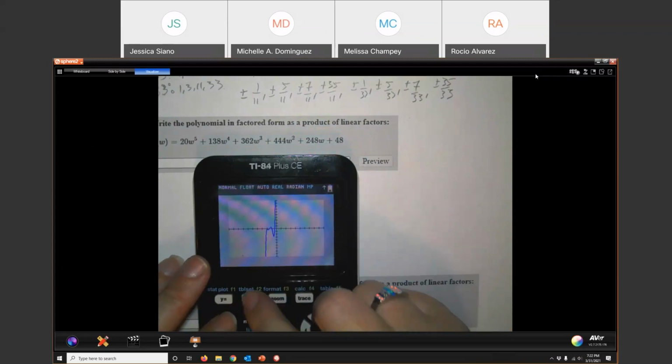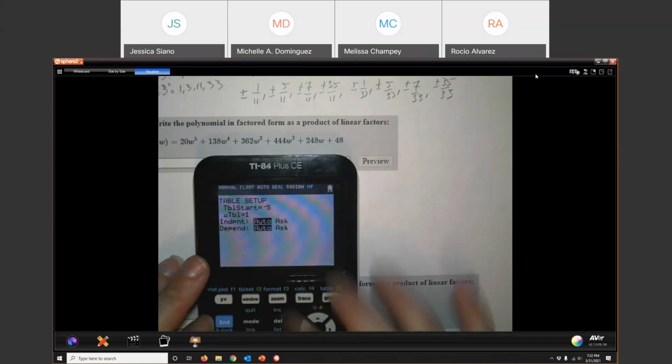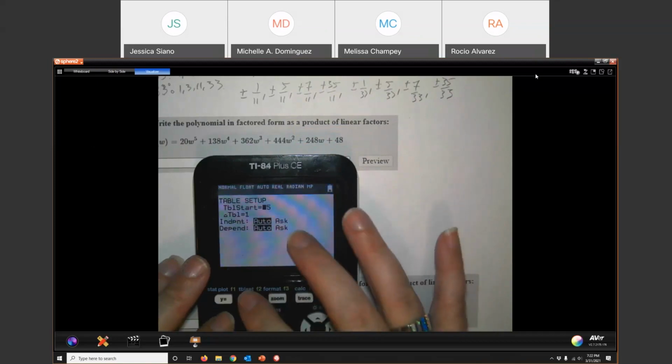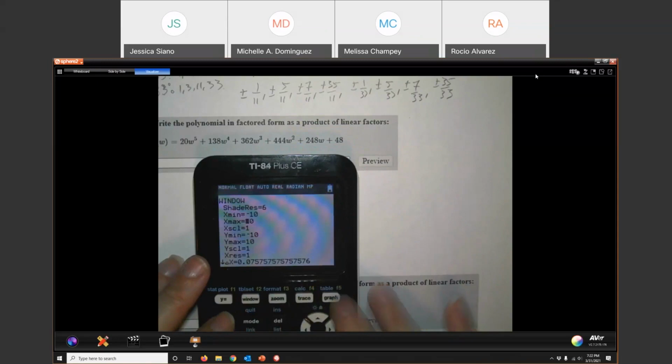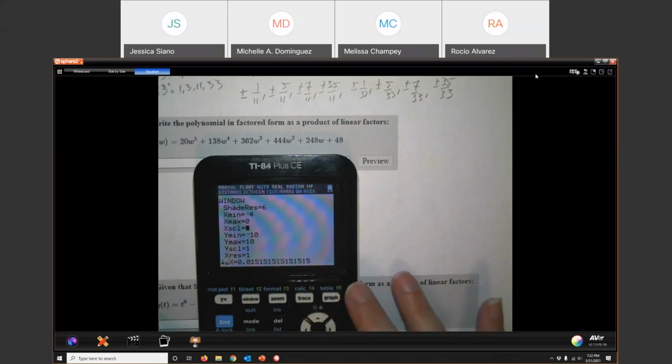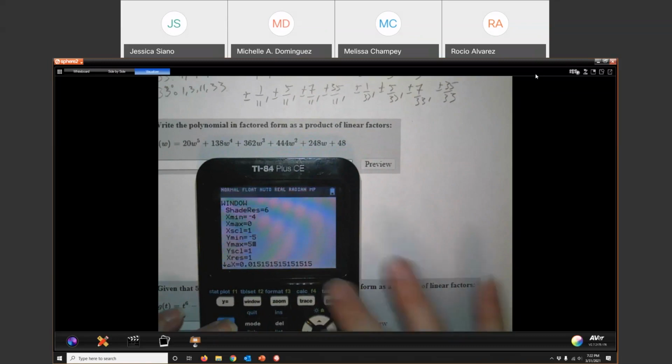So I'm going to zoom in a little. And let's go -4 to 0, -5 to 5.